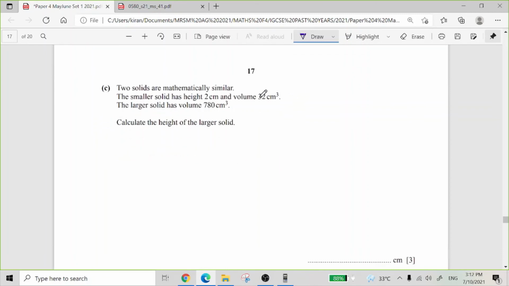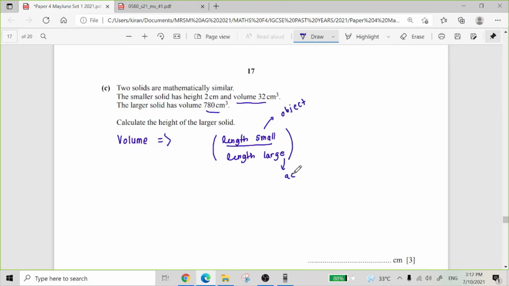Okay, so when it talks about volume, we will cube the height to equate it with the ratio. Okay, this is similarity. So when it is volume, we take the length. The length of the smaller one, the object, and the length of the larger one, the actual. You can use the small as the object, and the large is sometimes the actual.